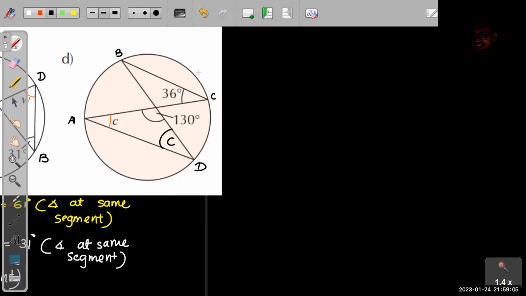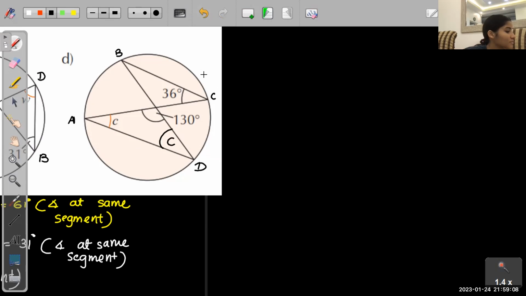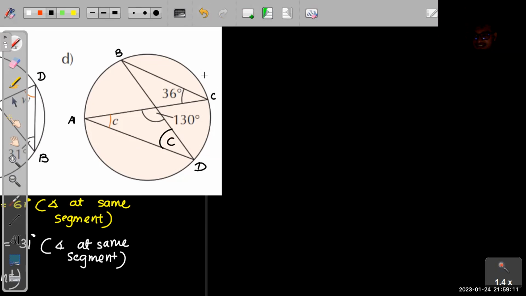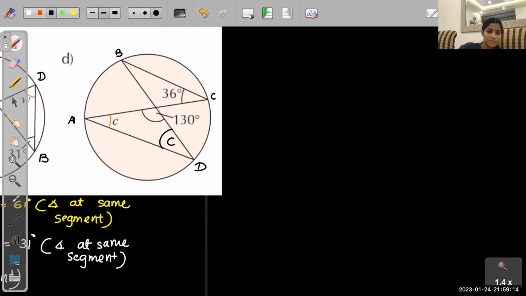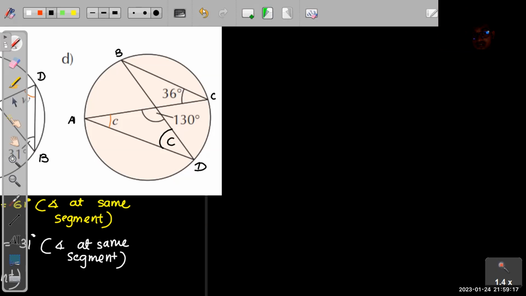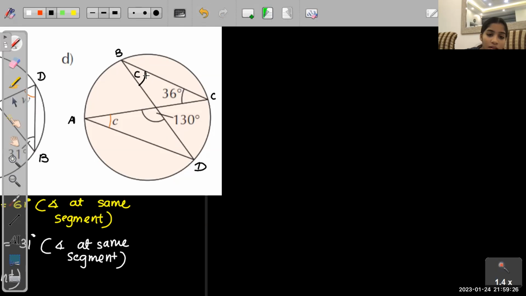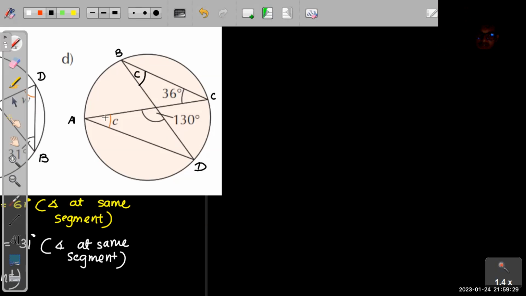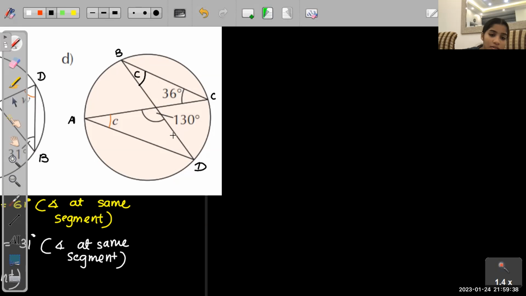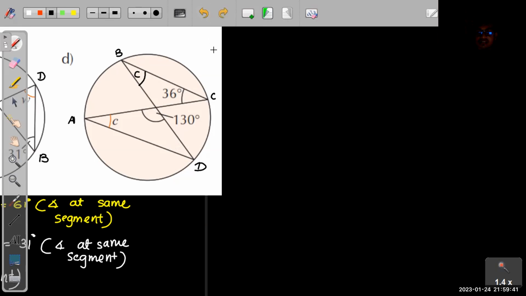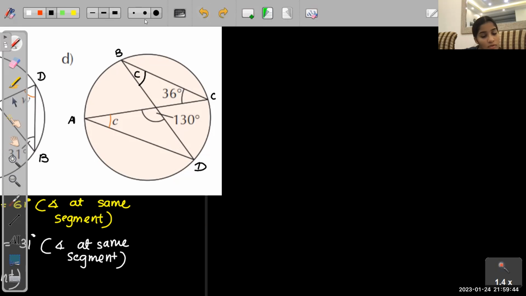Angles at the same segment are equal. Starting from D, go to A, come to C; starting from D, go to B, come to C. But this one and this one are not C.